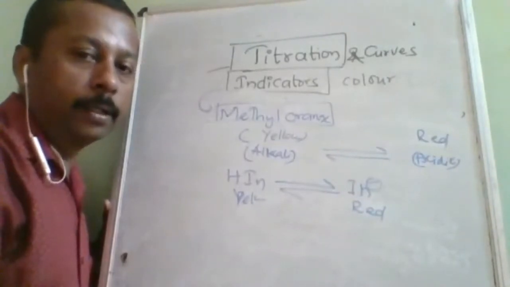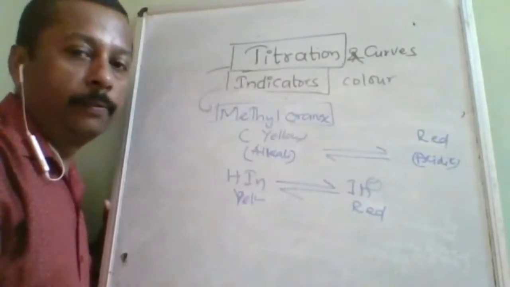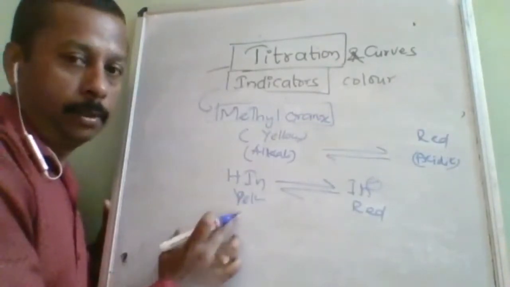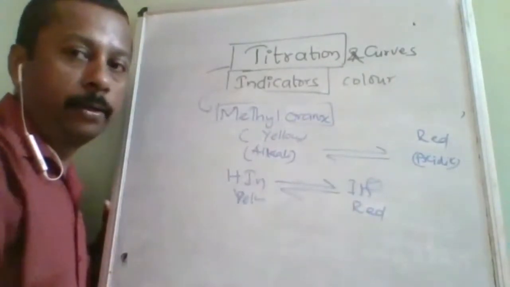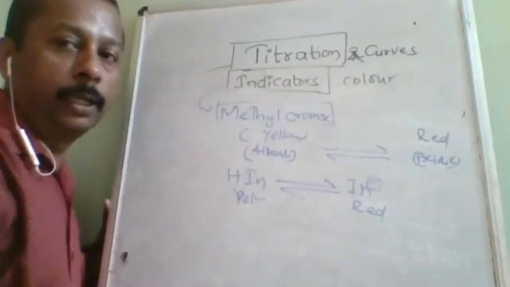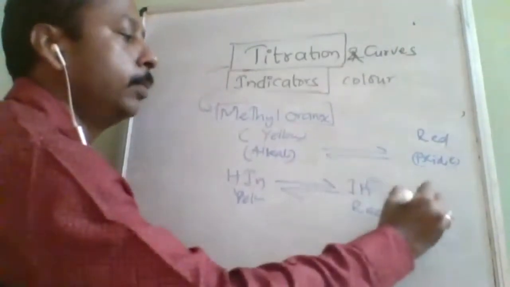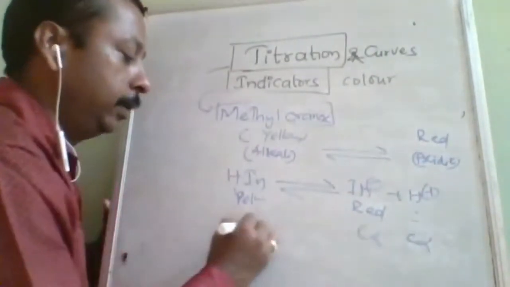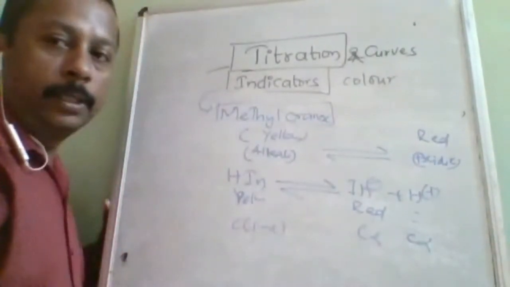Same Ostwald dilution formula: C alpha, C alpha, C into 1 minus alpha. In minus concentration according to Ostwald theory is C alpha, and likewise H plus is also C alpha. Same formula.